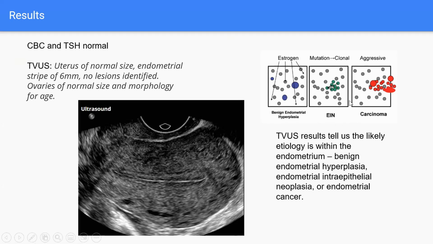You don't need to know that word, but it's essentially when these cells do develop mutations but haven't invaded the basement membrane yet. Once it invades, that's when it's called carcinoma. So once it's leaving and invading the muscle and things like that, that's when it becomes carcinoma. It's kind of a sequence, right? We like to catch it early so that we can reverse it and prevent this step to cancer.